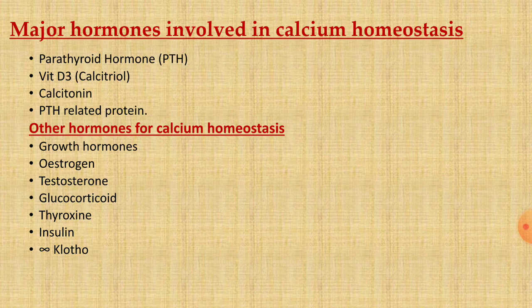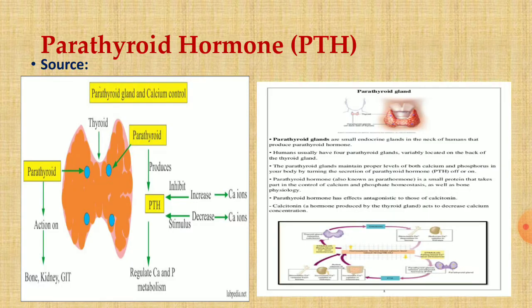So these are the hormonal substances secreted in our body which regulate blood calcium level within a normal physiological limit. Now let us discuss today about parathyroid hormone in detail.